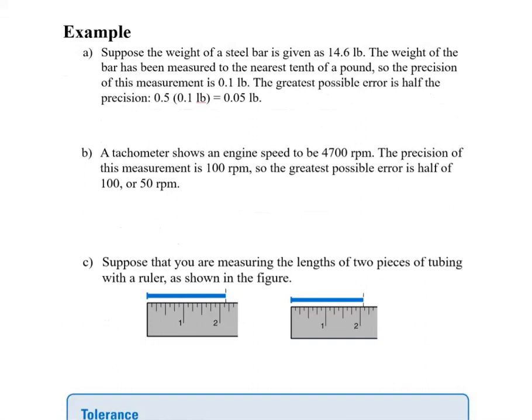Suppose the weight of a steel bar is given as 14.6 pounds. The weight of the bar has been measured to the nearest tenth of a pound, so the precision of the measurement is 0.1 pound.